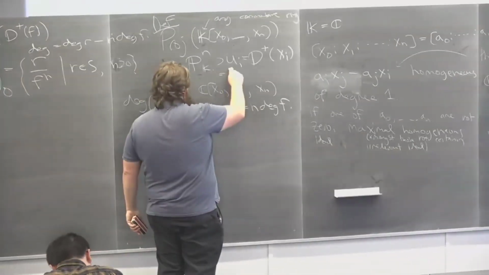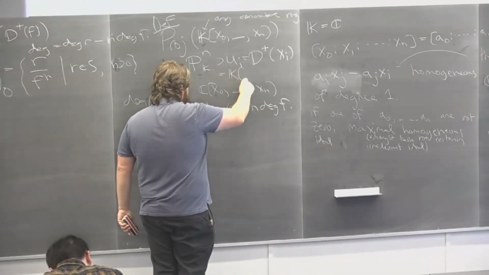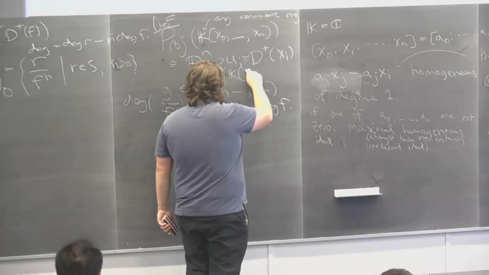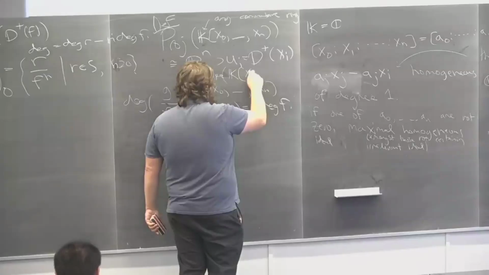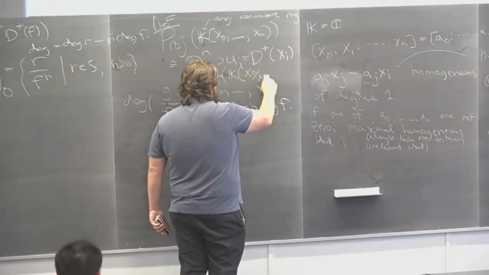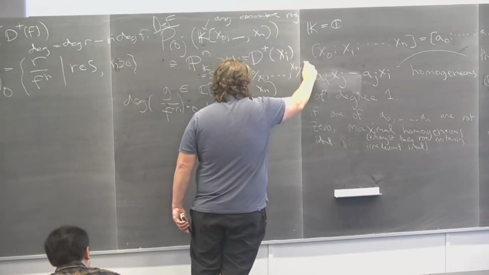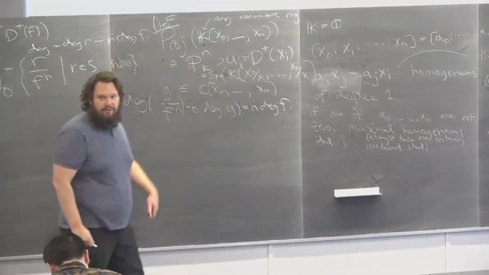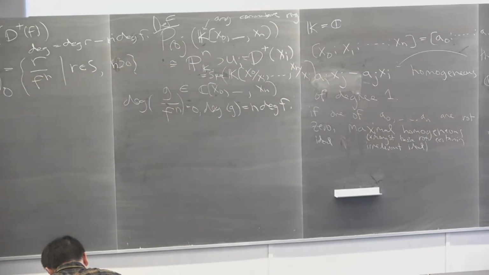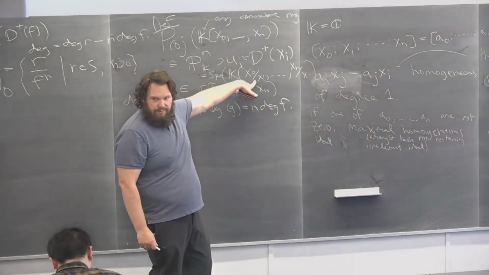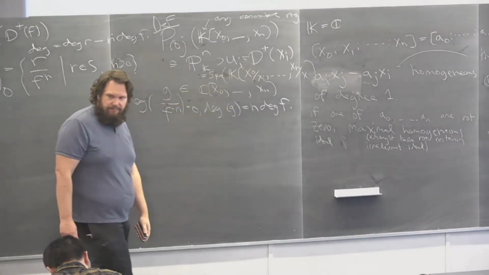I get exactly Spec of k of x0 divided by x_i, up through x_n divided by x_i. So I needed degree 0 elements, so I exactly get these quotients. I've inverted x_i.